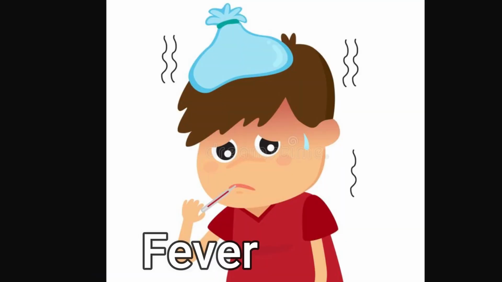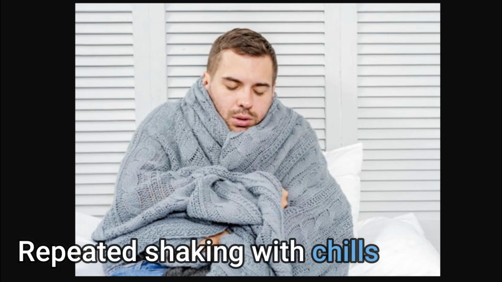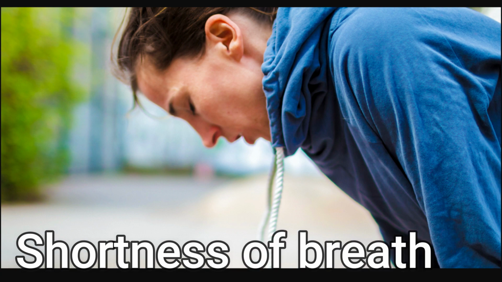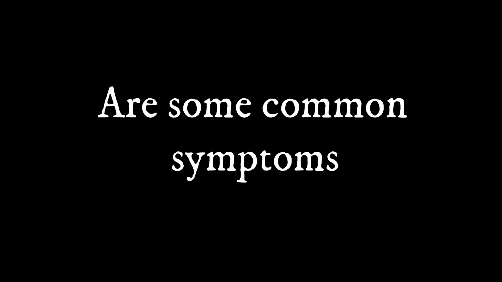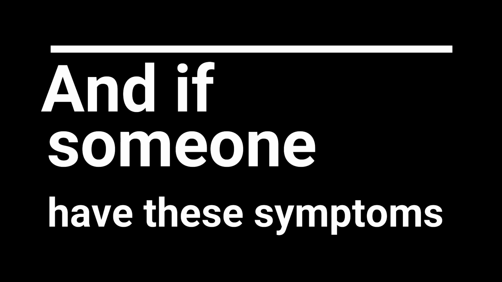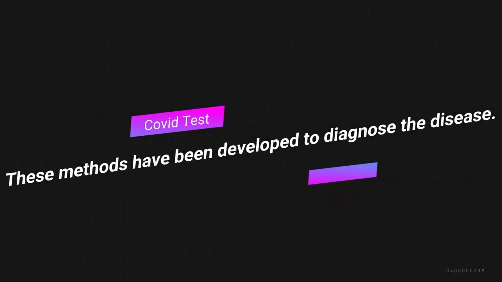Cough, fever, headache, loss of taste or smell, repeated shaking with chills, sore throat, shortness of breath, and muscle pain are some common symptoms. If someone has these symptoms, they can identify whether they are infected or not by testing methods. These methods have been developed to diagnose the disease.